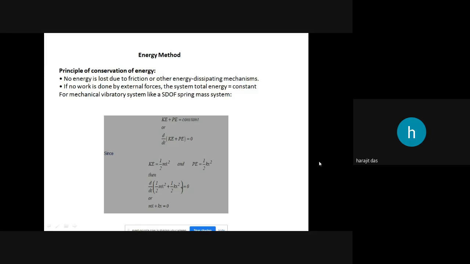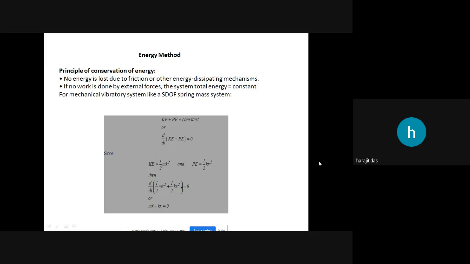So we will consider the total energy of the system to be constant. That means the kinetic energy plus the potential energy of the system will be constant.